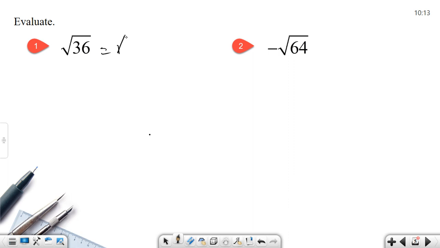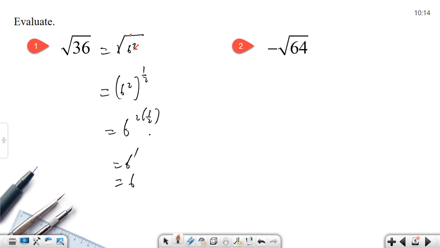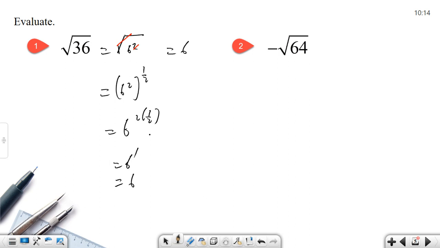I will write the long process one time. 36 is 6 squared, and square root means power of 1 over 2, that's the square root idea, and in the powers we multiply them. 2 times 1 over 2 is 1, 6 to the power of 1 equals 6. We are not writing that one. Instead of writing all these steps, we are cancelling the 2 and the square root, and it's equal to 6.